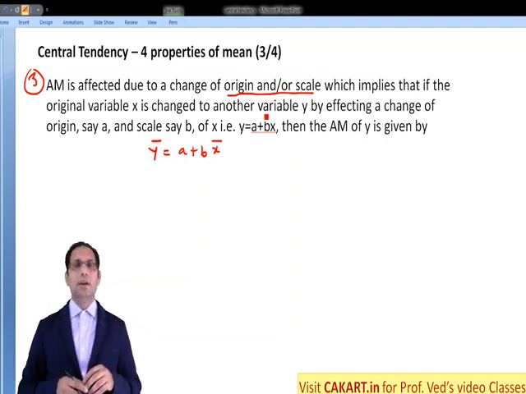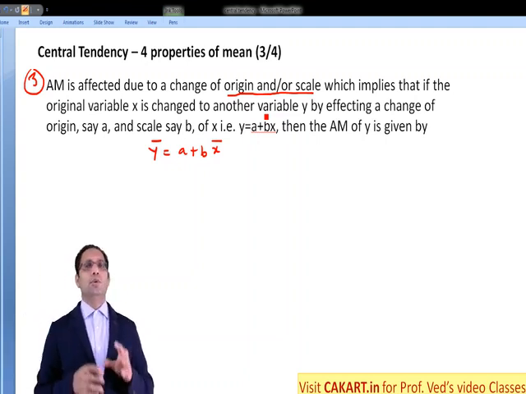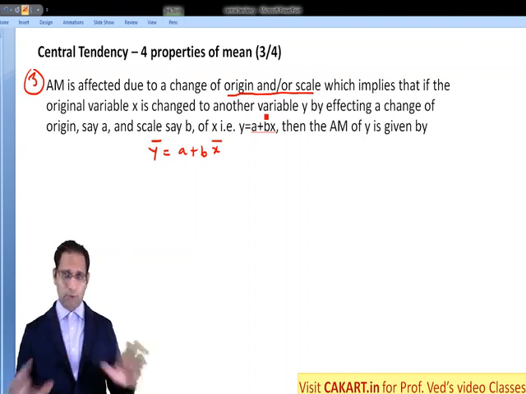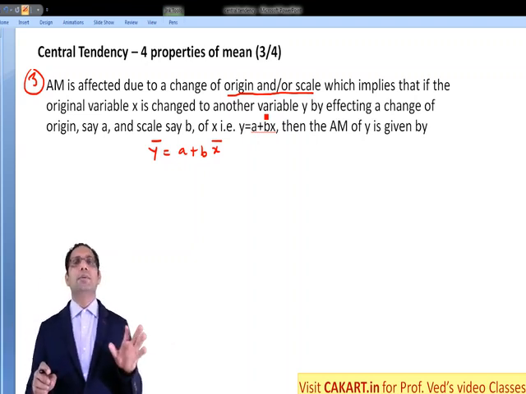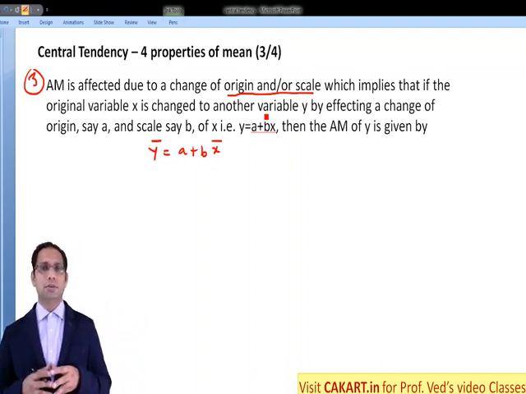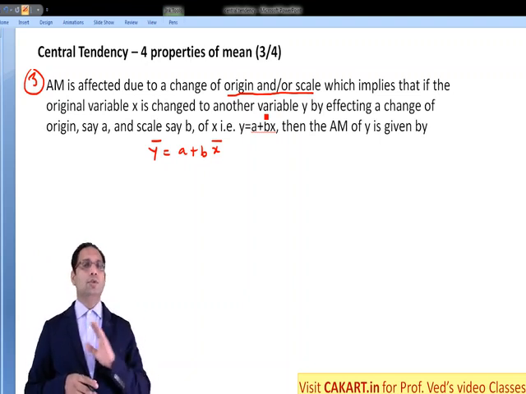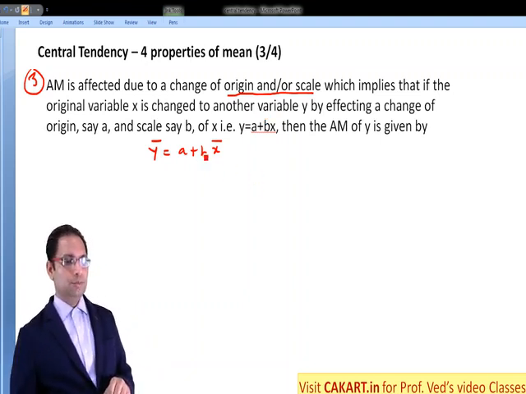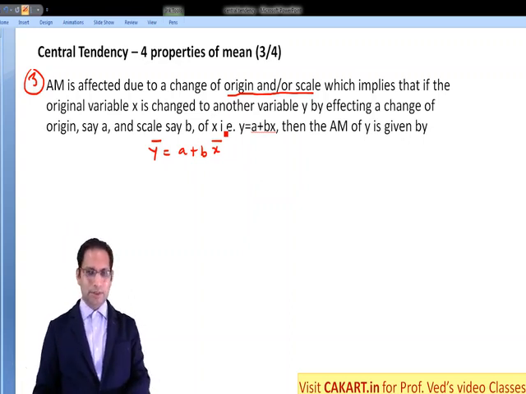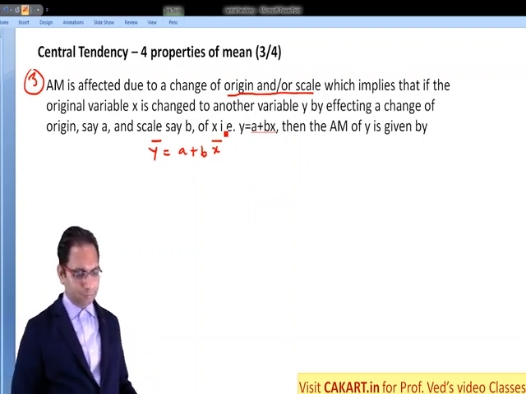Just remember that if there is an equation y equal to a plus bx, which is being followed for all the observations, then the arithmetic mean of y can be found out if we know the arithmetic mean of x. And if y is equal to a plus bx, then the arithmetic mean of y is equal to a plus b times the arithmetic mean of x. As simple as that, there is nothing else to it, okay?